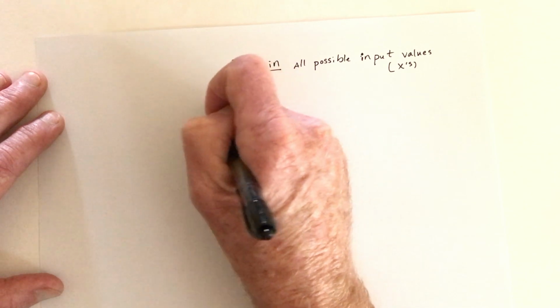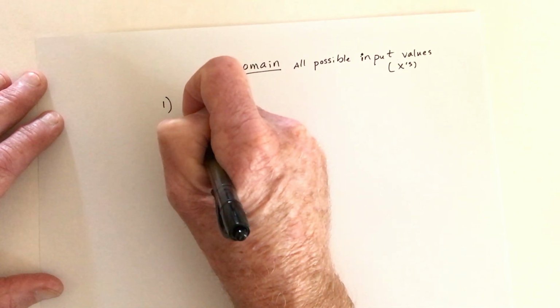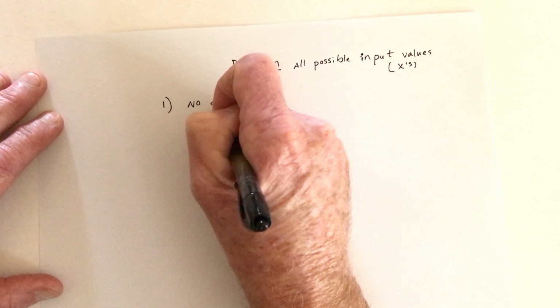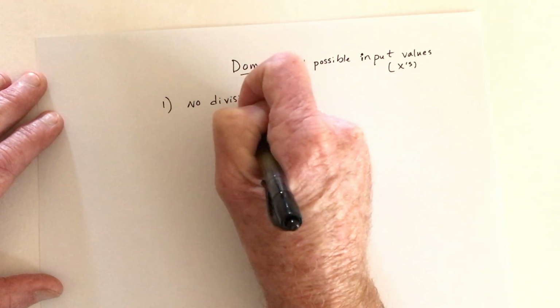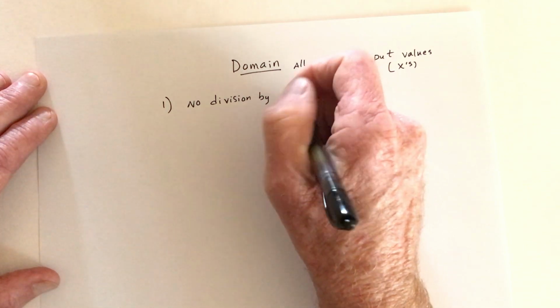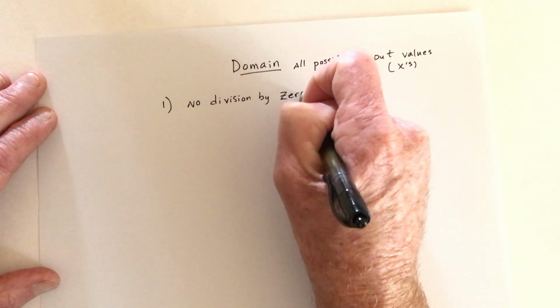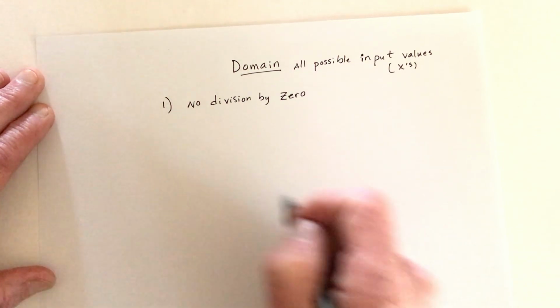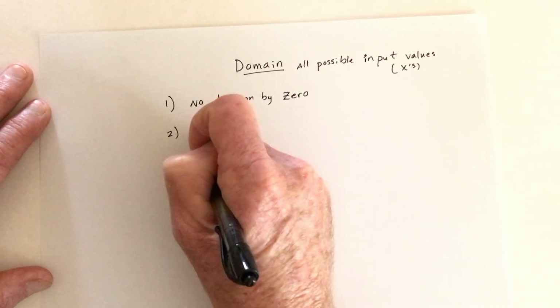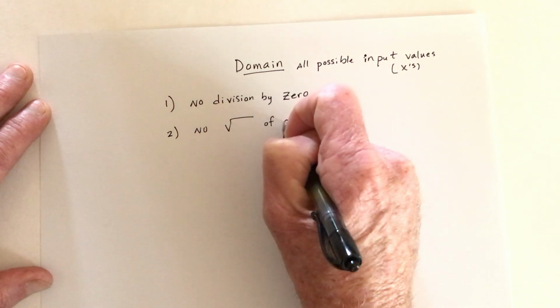So there's basically two rules for finding the domain. One rule is no division by 0. Like I showed on the calculator, 9 divided by 0 is undefined. So no division by 0. And the other is no square root of a negative.